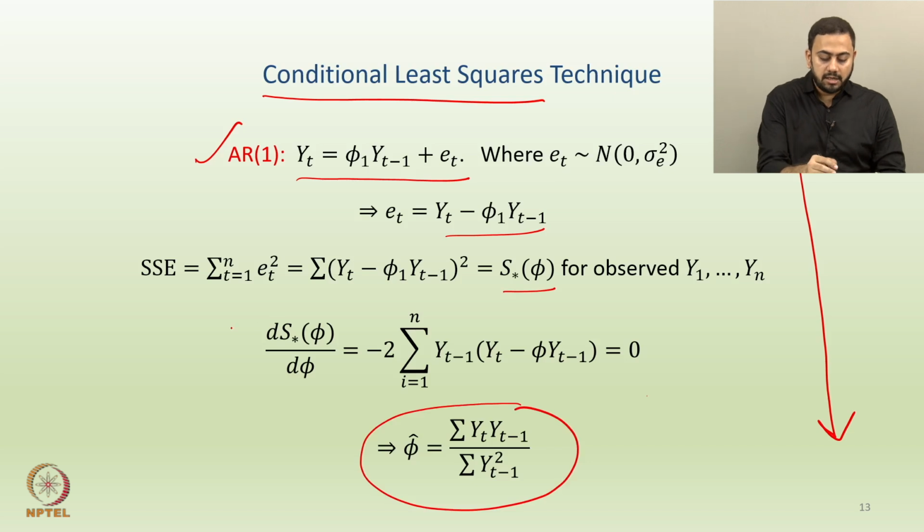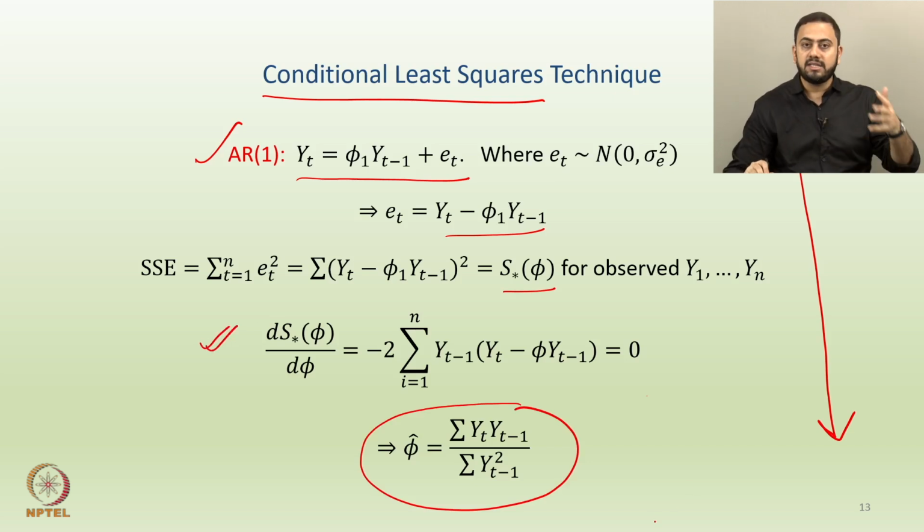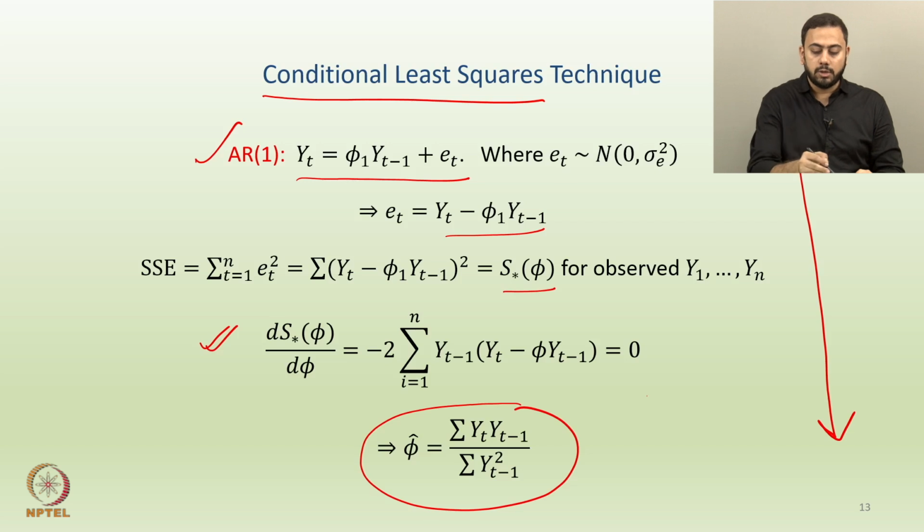By the way, why are we taking a derivative? Because you want to maximize the likelihood, right. If you want to maximize or minimize any function, you first differentiate it, set it equal to 0 and then solve for the parameter. So this is exactly what is going on here: you find the SSE, differentiate that, set it equal to 0 and then solve for the parameters.